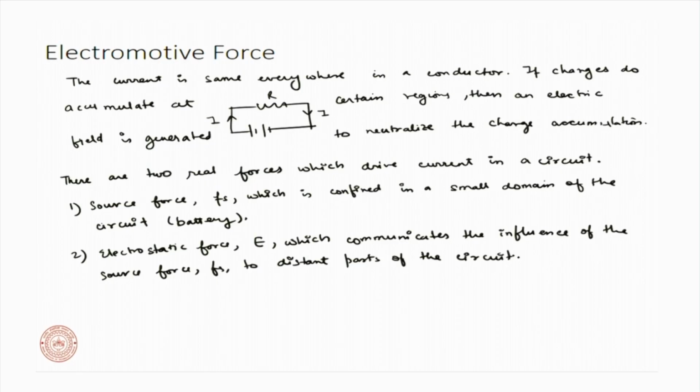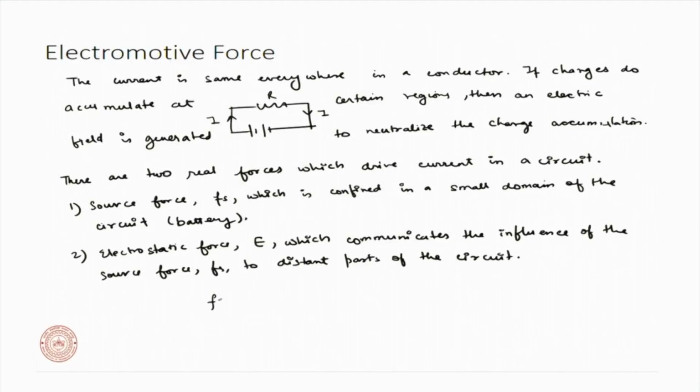Okay. So, in this loop we have the source force that is originated by the battery or the circuit, and then there is a resistor that is far away. How will the resistor know whether the battery's voltage has changed or whether we have switched on or connected the battery or disconnected the battery? How would it know? So, the battery needs to communicate this information to the resistor, and that is where the electric field comes in.